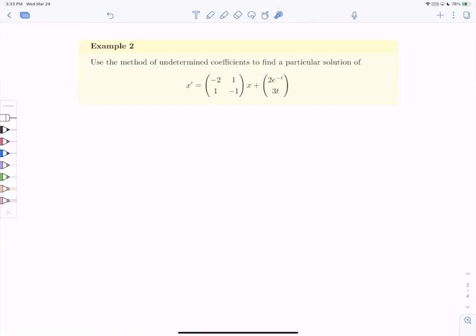From what I remember, if you use the second method, variation of parameters, the computation is even longer. So if you can use this method, try to use this method.